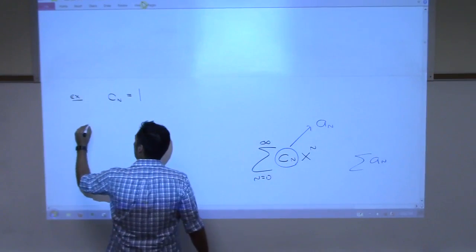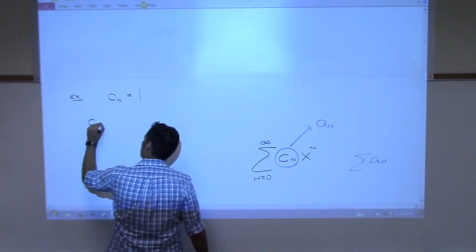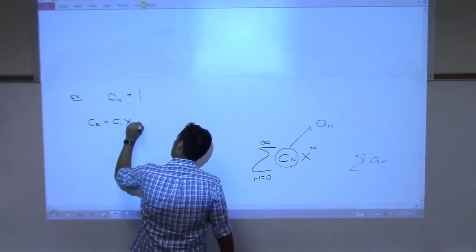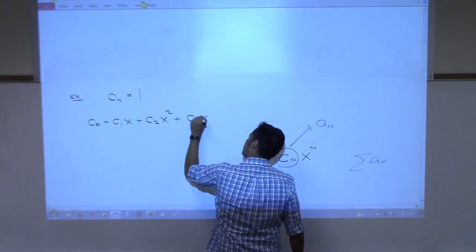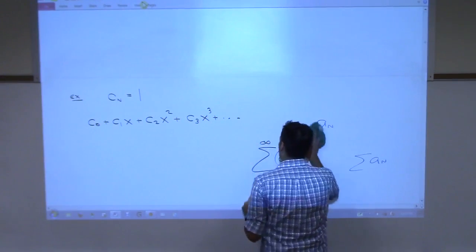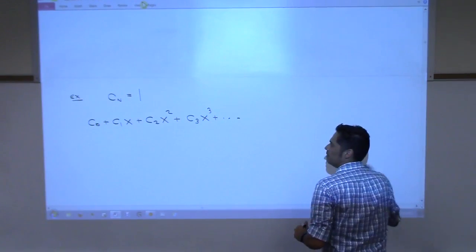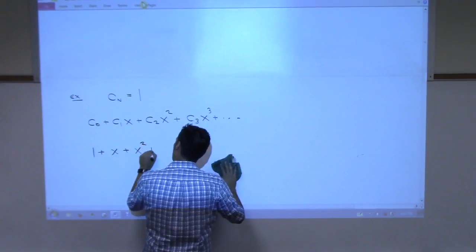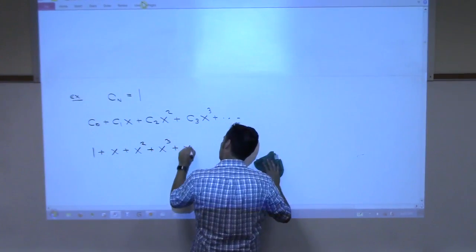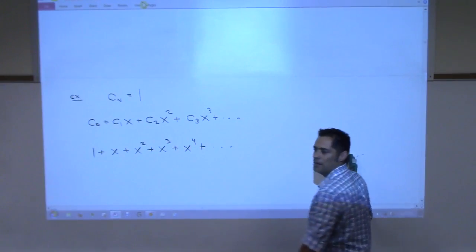So what would this look like? What would C sub 0 plus C sub 1 x plus C sub 2 x squared plus C sub 3 x cubed plus dot, dot, dot, what would that actually look like? That would be 1 plus x plus x squared plus x cubed plus x to the 4th plus dot, dot, dot forever, right?